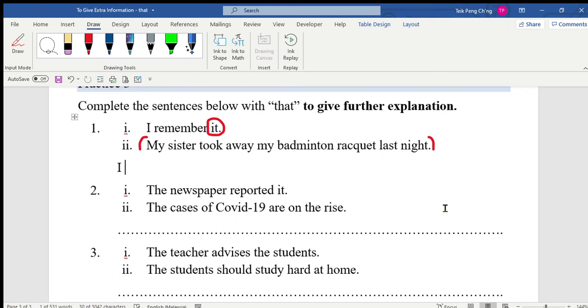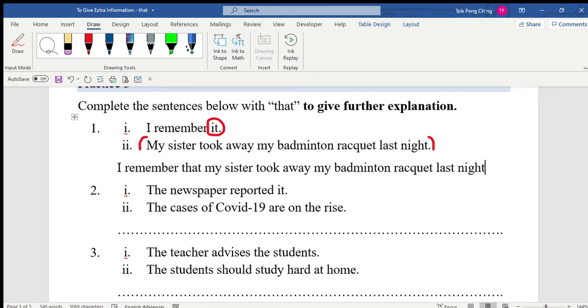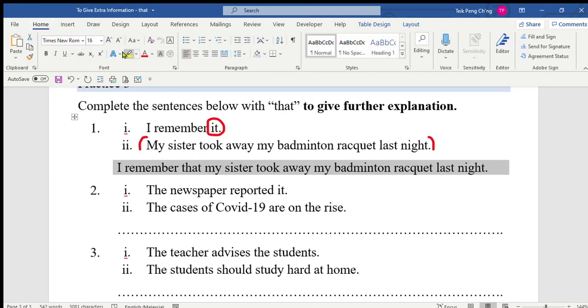I remember that my sister took away my badminton racket last night. So look at how we use the word remember. When you use the word remember, you have to use that to explain what you remember.